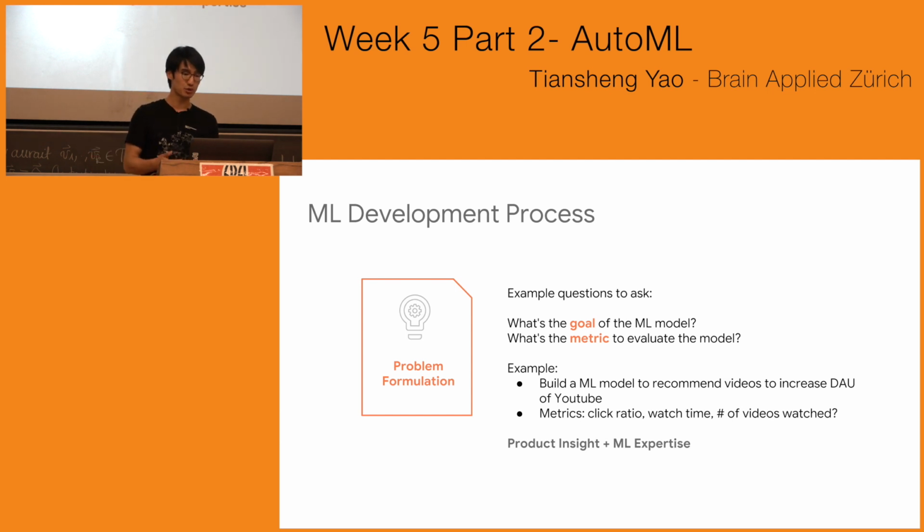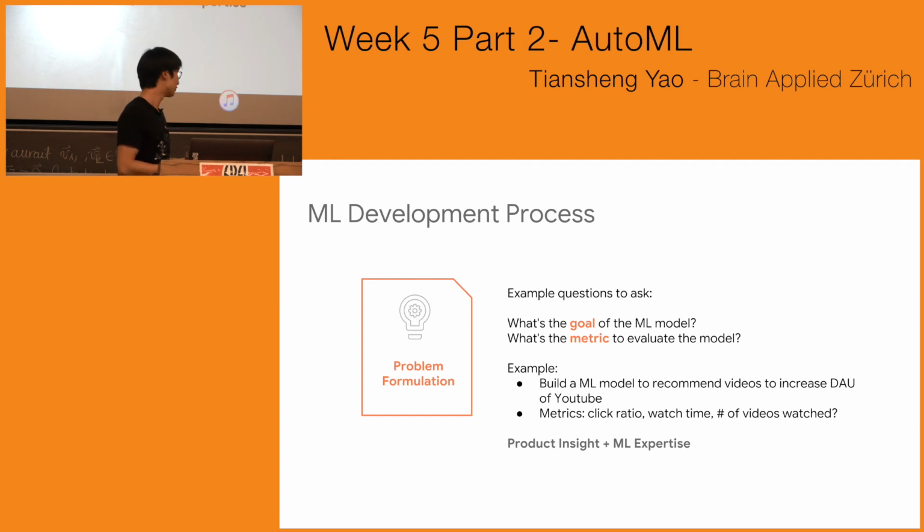This is really important because in many cases, without knowing what you are going to evaluate, your real metric, which is the daily active users, your model will fail to learn something that correlates with the real metric you care about.